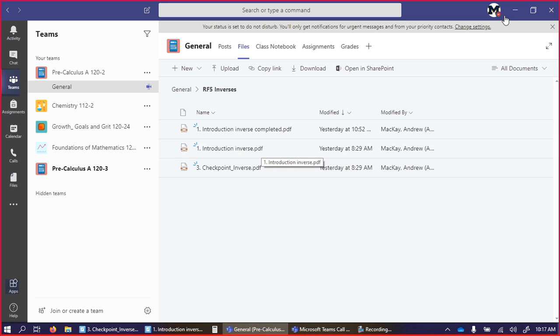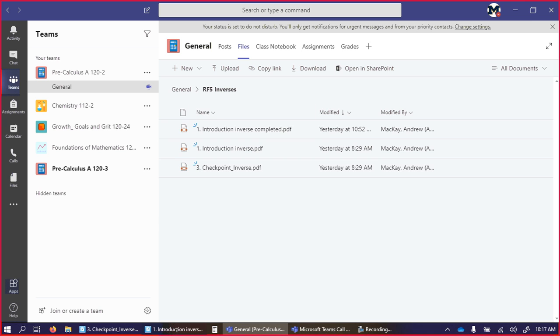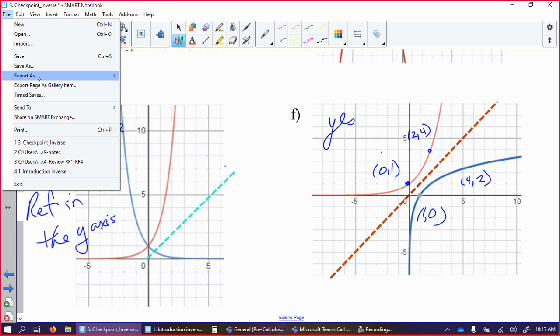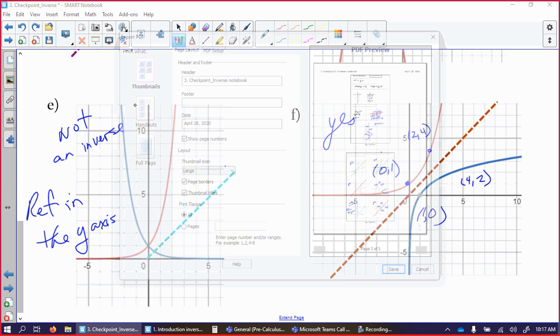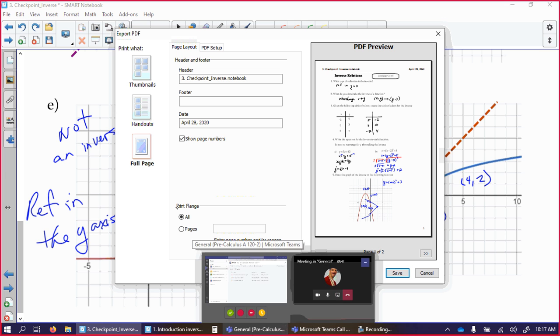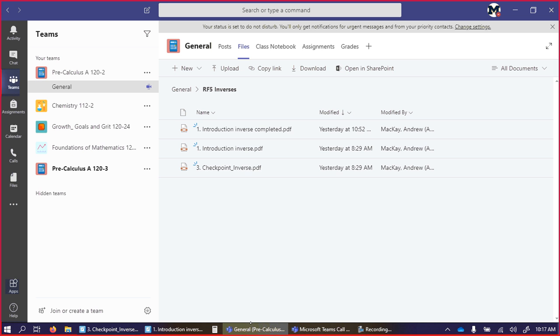I'll post a blank one first. That's what that first one is. And then the completed one is everything that we would have done yesterday and today. I just export PDF. I post them as completed, so that's just me saying these are the notes that have my stuff in them.